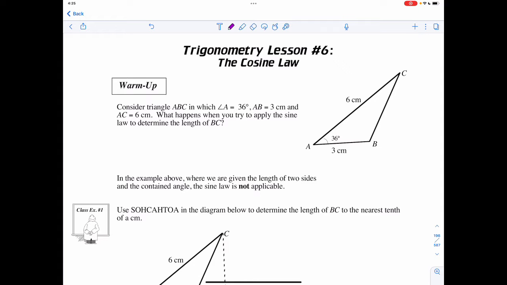Well, the sine law would state that side length a, which I don't know, divided by sine of 36 degrees is equal to side length b, which we do know, divided by sine of angle B, which we don't know, is equal to side length c, which we do know, divided by sine of angle C, which we don't know.